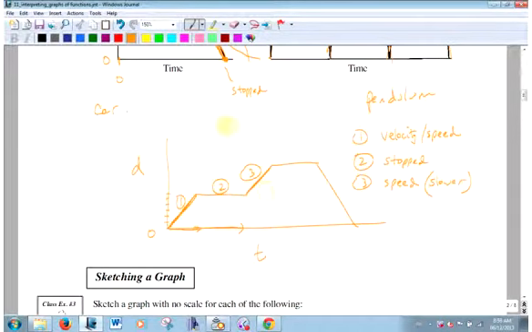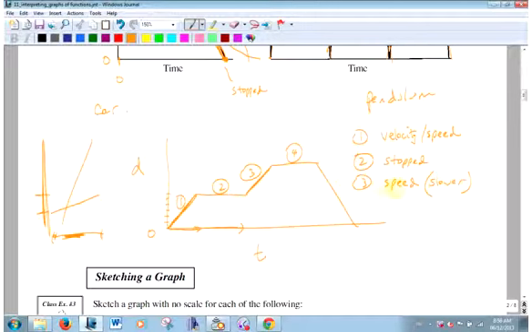If this thing was really, really, really steep like that, see how much distance changes in a short period of time? That means you're going really fast, right? If this thing's like this, my distance doesn't change that much over a longer period of time. This would be like the tortoise, that would be like the hare, okay?